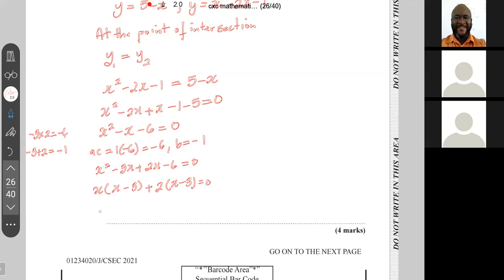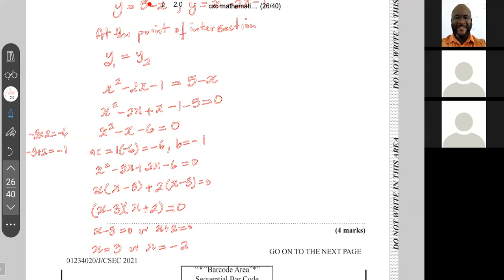So now we have x minus 3 is common, and in the next bracket, x plus 2 is equal to 0. If you're multiplying two things and you're getting 0, it is either the first that is equal to 0 or the second that is equal to 0. So x is equal to 3 or x is equal to minus 2.